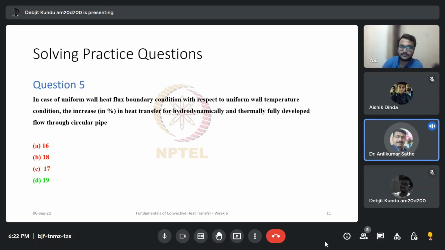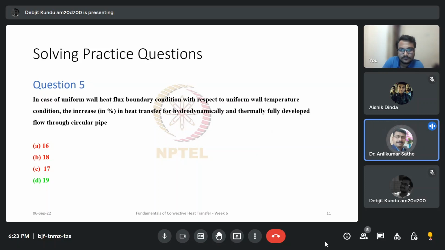Debjit sir, I am having one query. The same type of question is asked in the assignment, but I am stuck there. Actually, I'm waiting for the practice session only. I actually wanted to ask the question in the query box, but they are not responding.